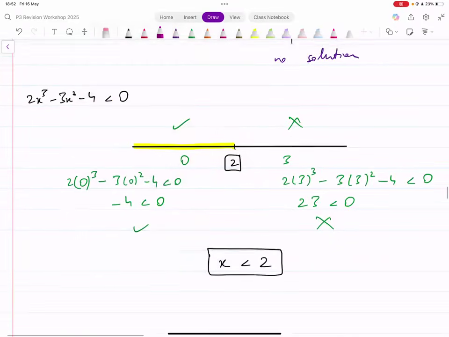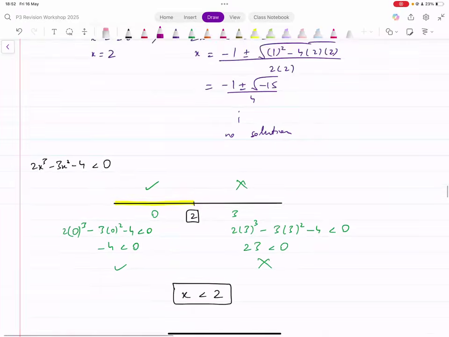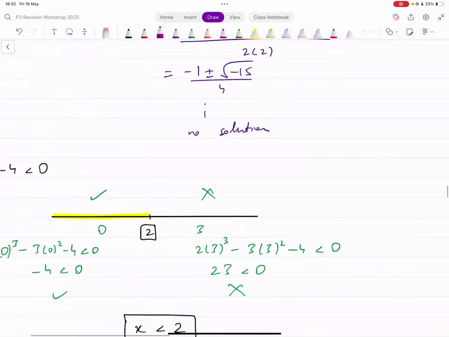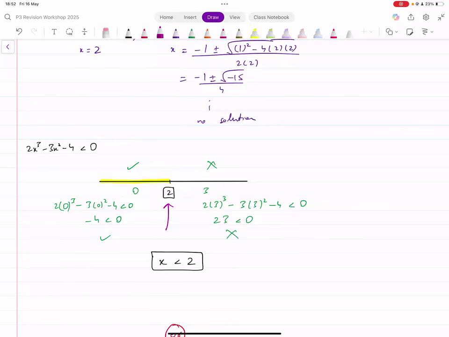Draw a number line. You've got one solution, x equals 2. Mark that here. You've got one region to the left of that, another region to the right of that. Take one number in each of these two regions. You can take 0, for instance, on the left side, and 3, for example, on the right side. Check them in the inequality and see which one satisfies. The left one satisfies, the right one does not. So we get x is less than 2.